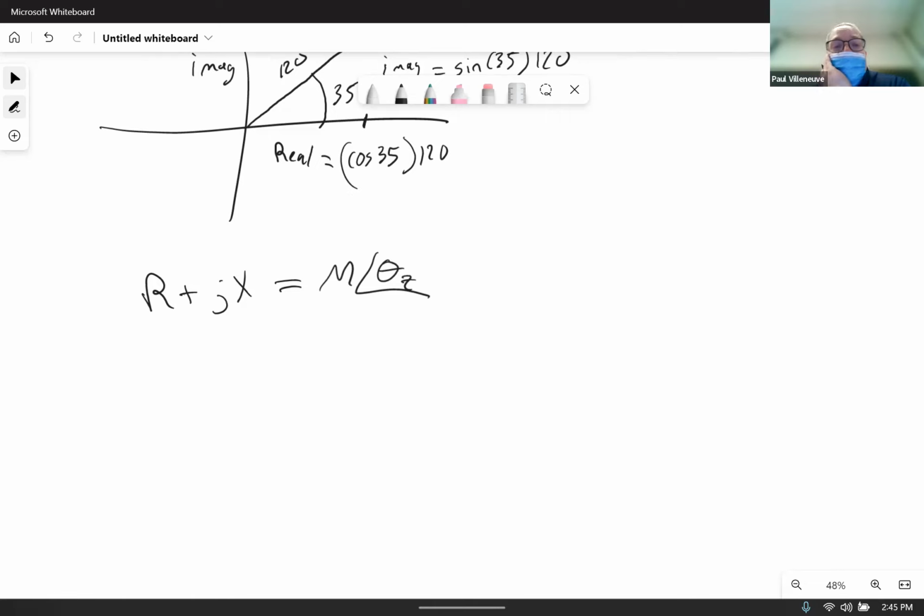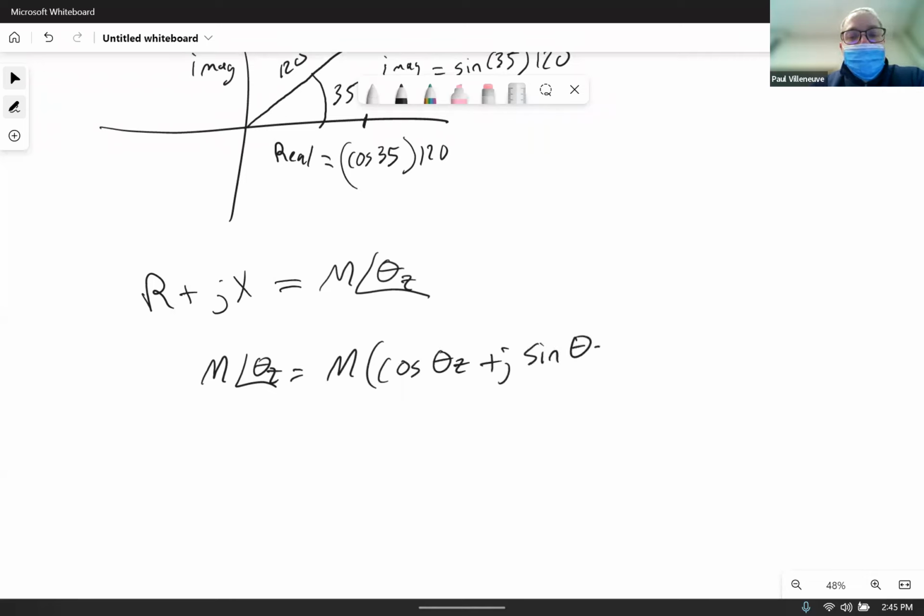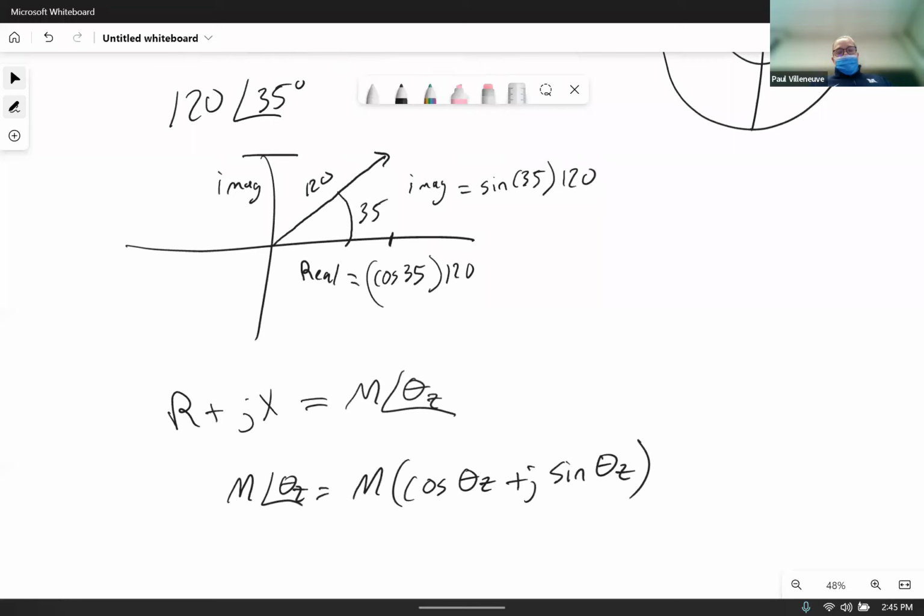You should be able to go backwards and forwards. And we ended up saying this is Euler's identity. That's going to be equal to the magnitude times the cosine of theta z plus j sine theta z. That Euler's identity is just based on the fact that this is a right triangle and I can go ahead and build that.